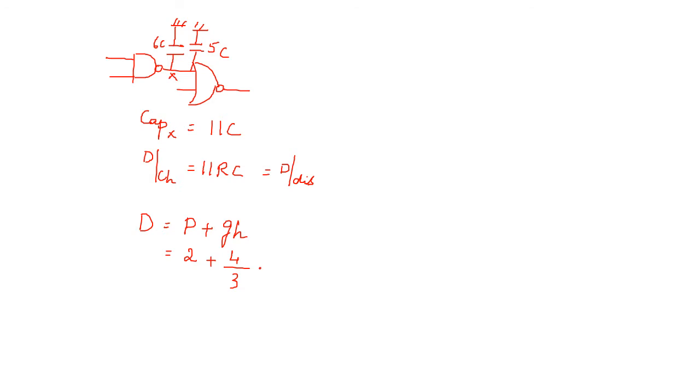H is the input capacitance of the load, the 2-input NOR gate, divided by the input capacitance of the gate under consideration, the 2-input NAND gate, which is 4. So this is nothing but 2 plus 5 by 3, that is 11 by 3.